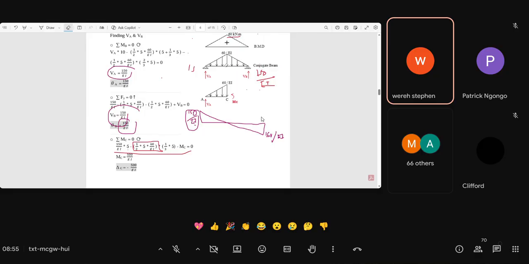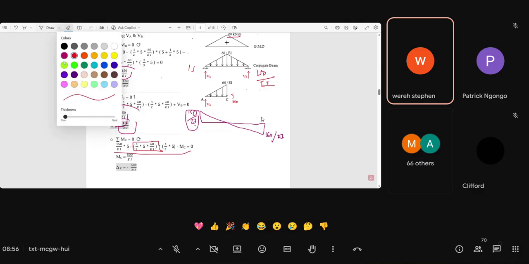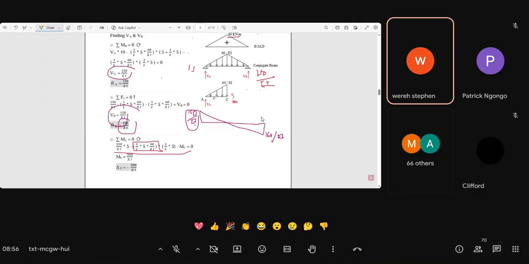So this triangular loading, I told you it is just a half times base times height. In this case, it is a half times base, which is from A to C, which is 5. Times height. Height is 60 over EI. So this one is a half times 5 times 60 over EI.